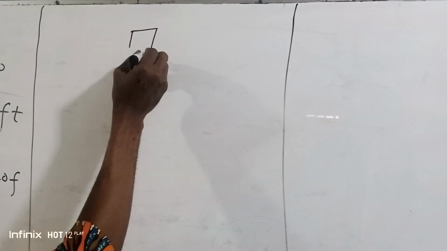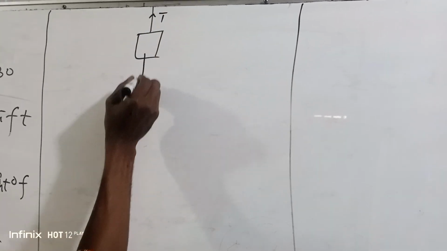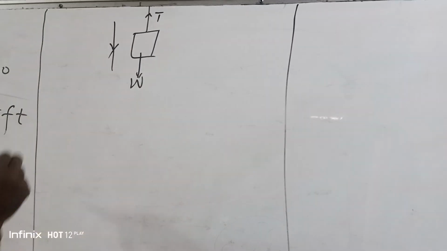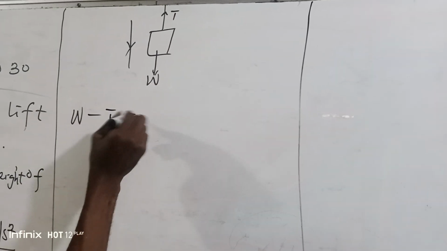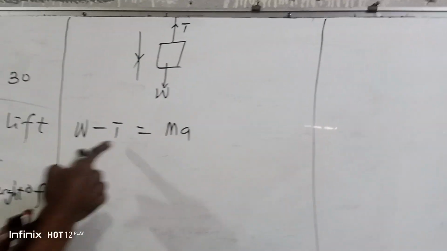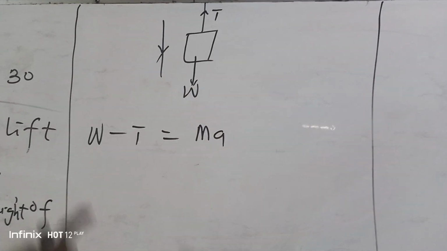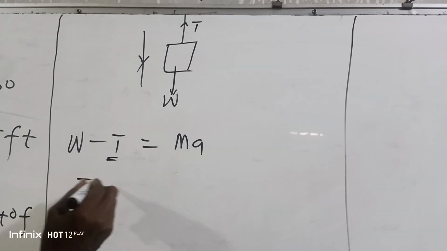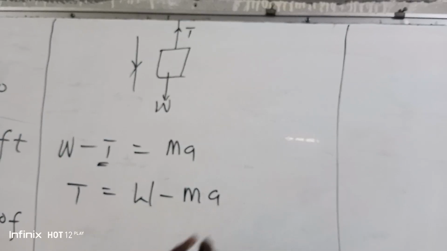Here we have the lift, here we have tension T, and here we have weight W. Since the acceleration is downward, the weight minus the tension will be equal to mass times acceleration. Weight is a force, tension is a force, and from Newton's second law, force is equal to mass times acceleration. The tension here is our apparent weight. So the tension T will be equal to the weight minus mass times acceleration.